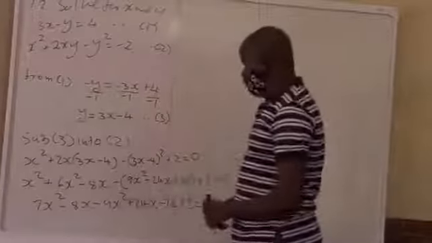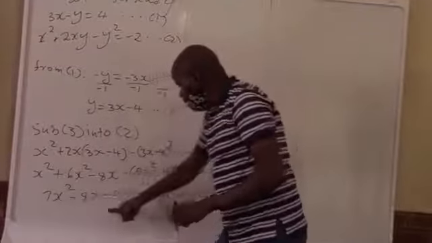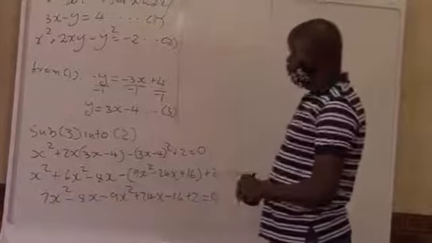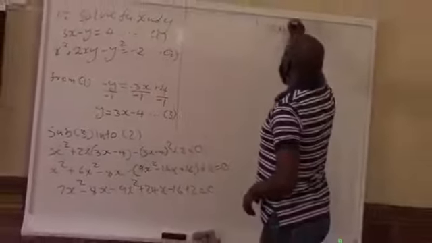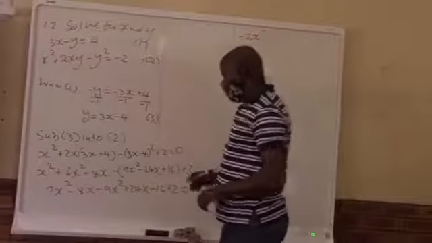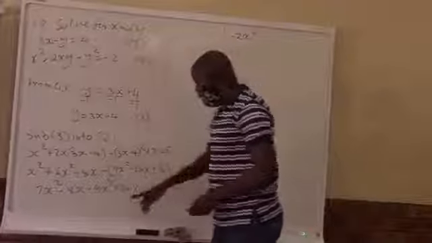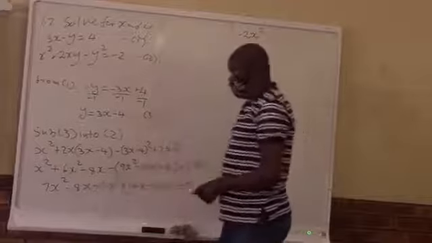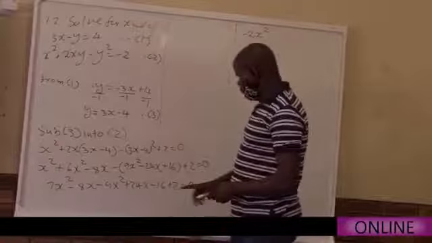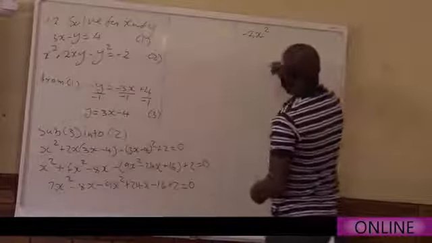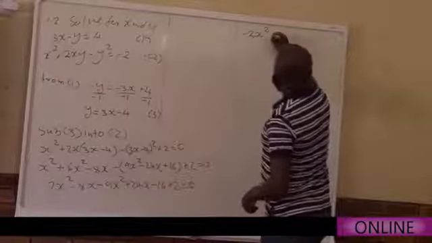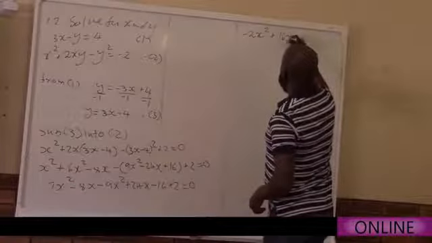Finalizing our simplification, 7x squared minus 9x squared gives us minus 2x squared. Then for the x terms, 24x minus 8x gives positive 16x.